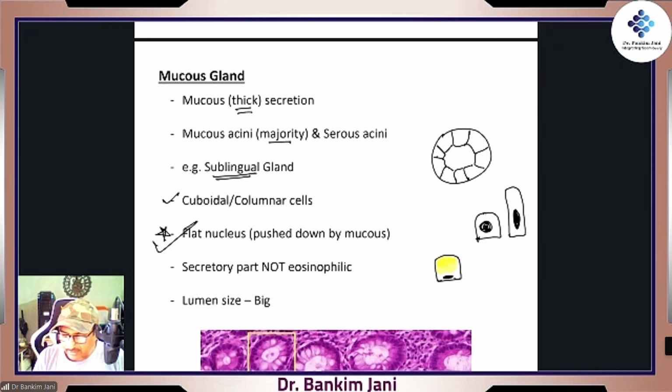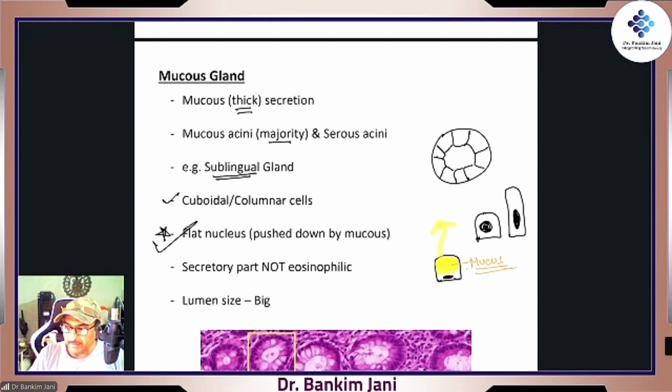That's the function of this particular type of cell. So that is the mucus, and the mucus will push the cell down.